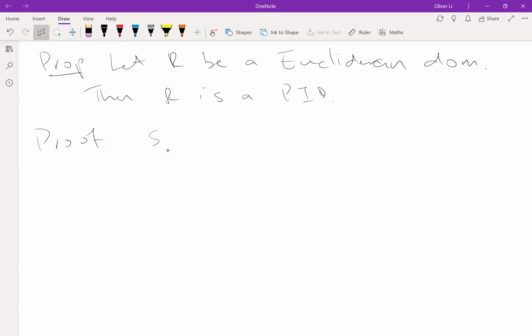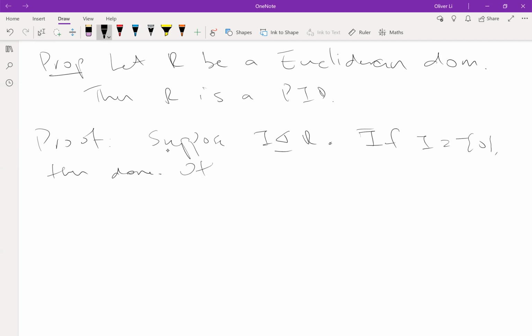So suppose I is an ideal. If I is equal to the 0 ideal, then we are done because it's generated by 0.